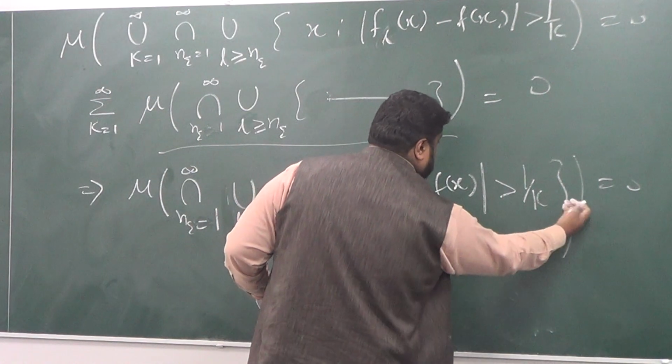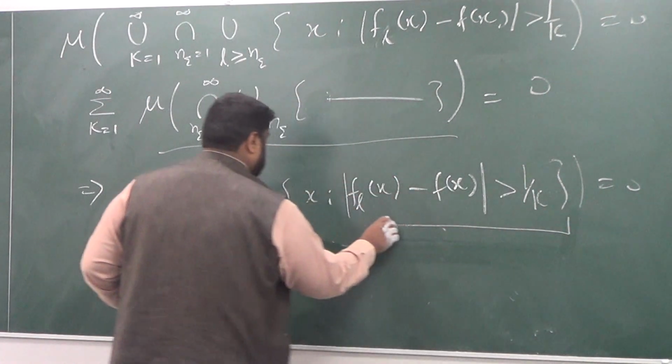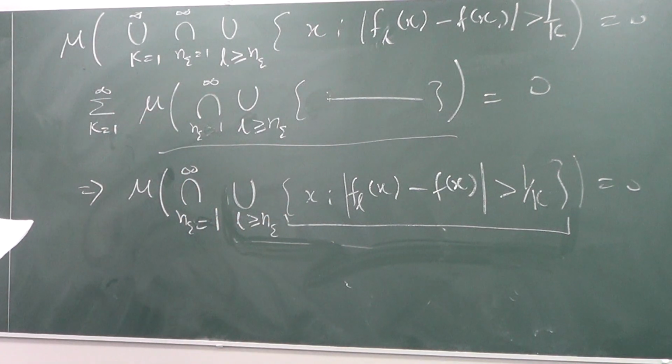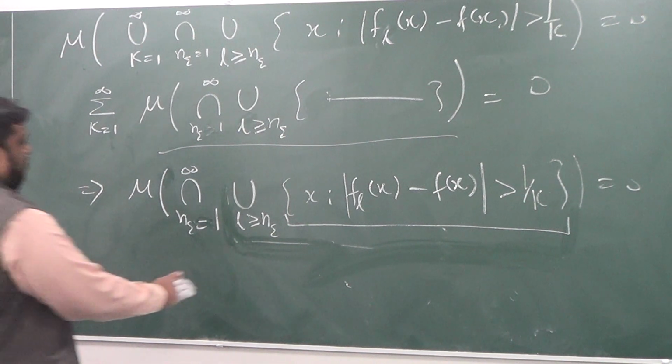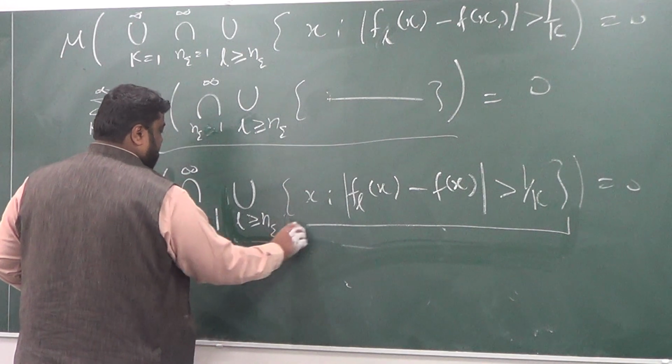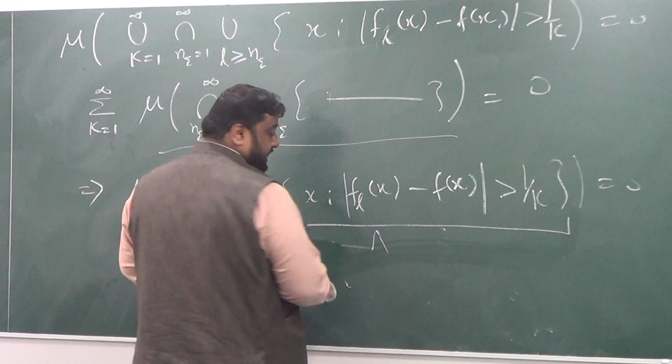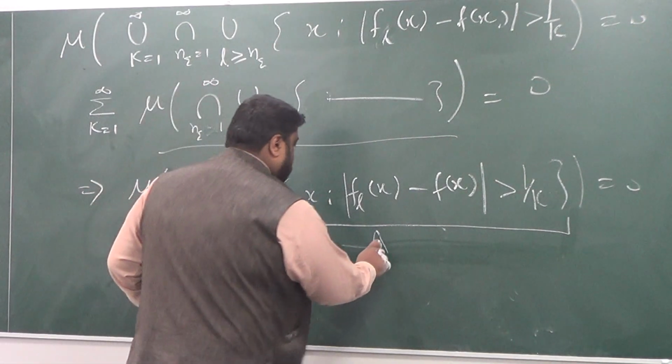Not the union, but just this set. Yes, it's the whole union. So call it maybe A_n epsilon.